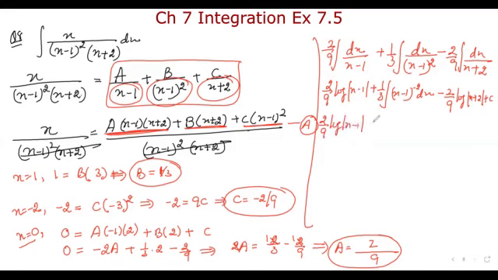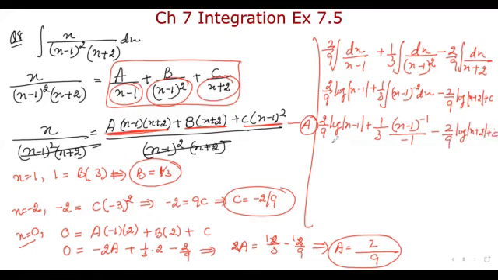So this will be 2/9 log x minus 1. Now here I will apply the power rule. So the power rule is what? For x minus 1, the power is increased by 1, so minus 2 plus 1 will be minus 1, divided by minus 1. Minus 2/9 log x plus 2 plus c.